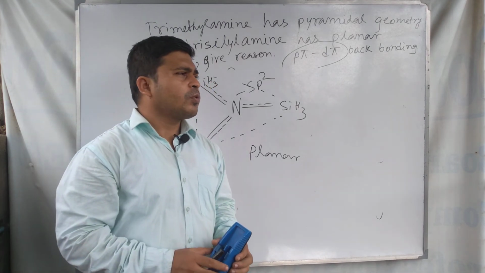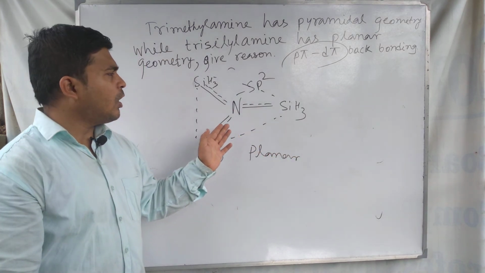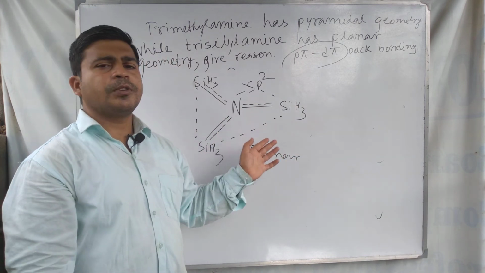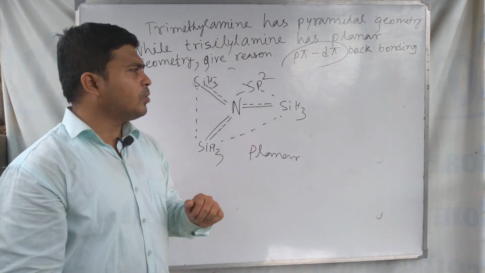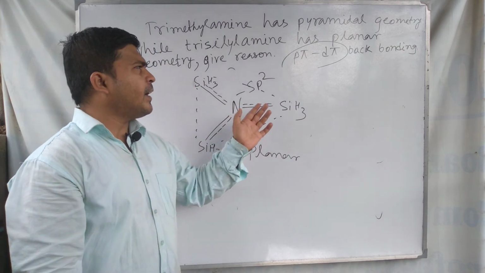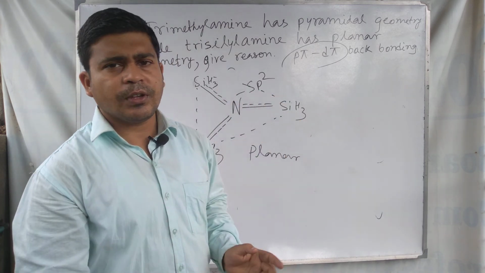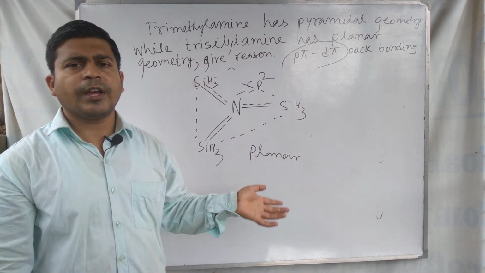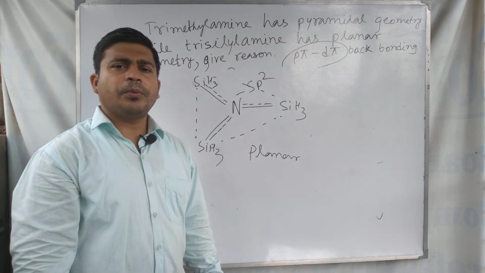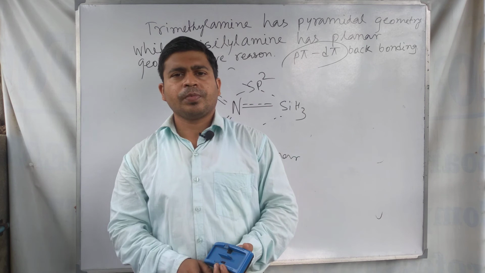So for this reason the filled orbital of nitrogen cannot form the pi bond with carbon because of the lack of a vacant d orbital on carbon. But in case of silicon, it can form p pi d pi back bonding, and as a result the geometry and the hybridization of these two compounds change, and the donor property of nitrogen also changes. So this is the topic of discussion regarding trisilylamine and trimethylamine.